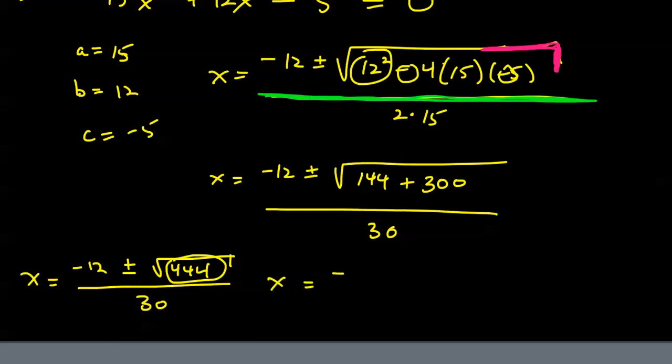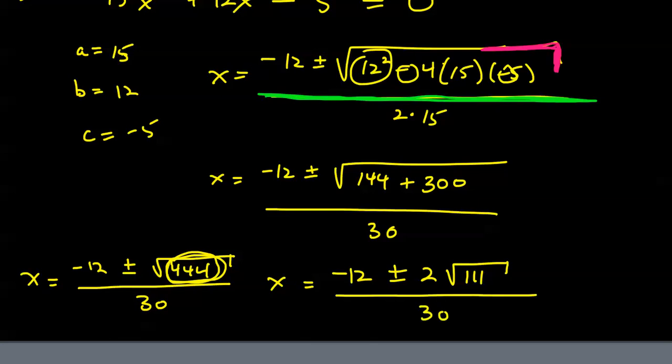So I can rewrite this as minus 12 plus or minus, well, a factor of 4 inside turns into a factor of 2 outside, 2 times the square root of 111, divided by 30. Now 111 is not prime, but it does not contain any perfect square factors, so I'll claim the square root of 111 is simplified. But what I can do is notice a factor of 2 across numerator and denominator.